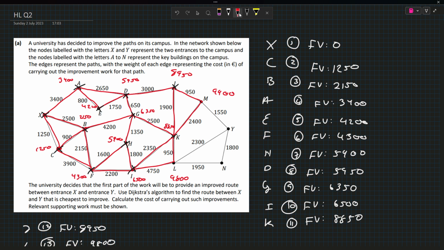So from L we can head to N or Y. So we go 9,800 plus 1,950 for N, which gives N 11,750. Or we can head directly to Y for 12,100. So that's these two considered.